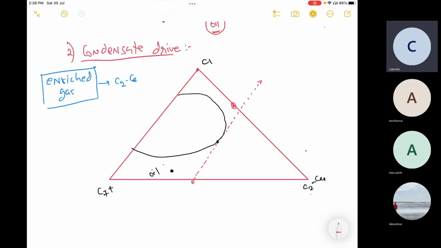So what will be the case? Let's suppose this is my O point and this is my oil point. I'm just shifting because I have drawn the two-phase region very small here compared to the triangle. So let's say this is the initial case.